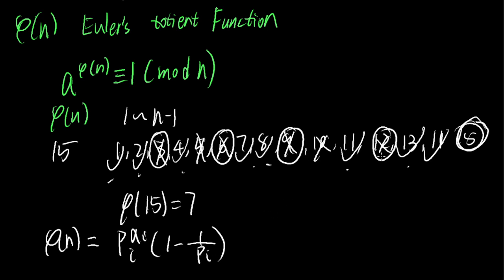So we have to delete those numbers, which is 1 over 3: we subtract 1 over 3 from the whole 15 integers.